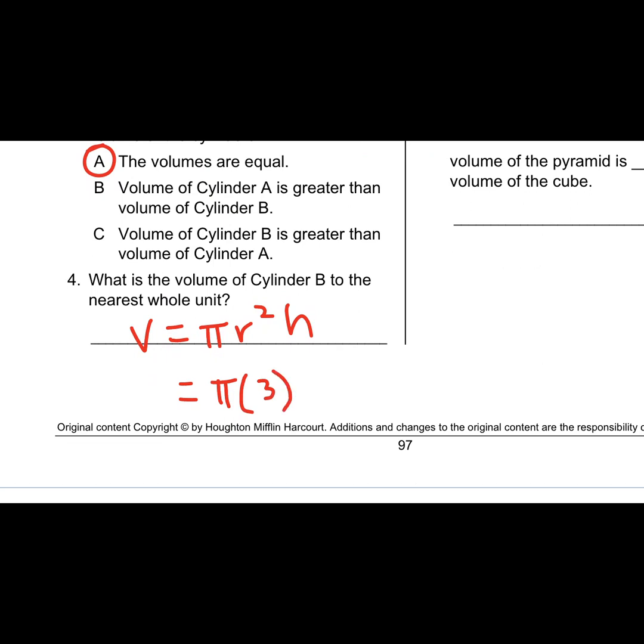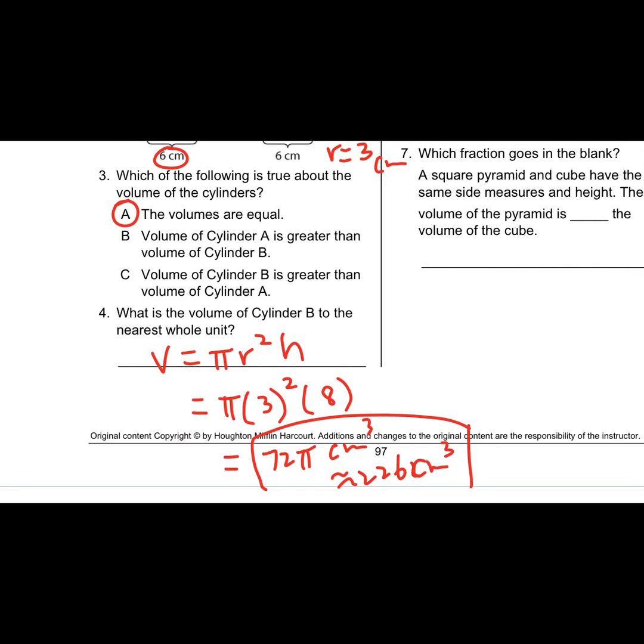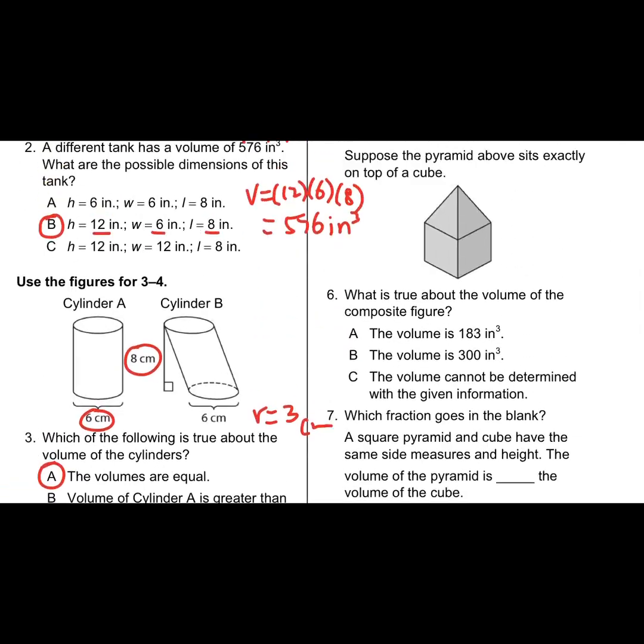So we're going to substitute the 3 in there. And then the height is actually 8. And then multiplying everything together, 9 times 8 is 72 pi centimeters cubed, or approximately 226 centimeters cubed. So both of these are answers for number 4.